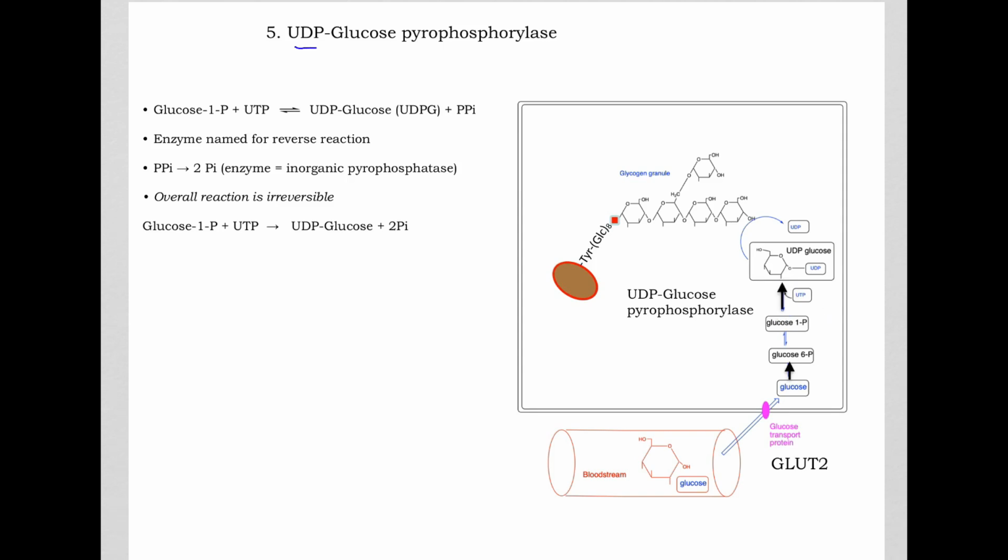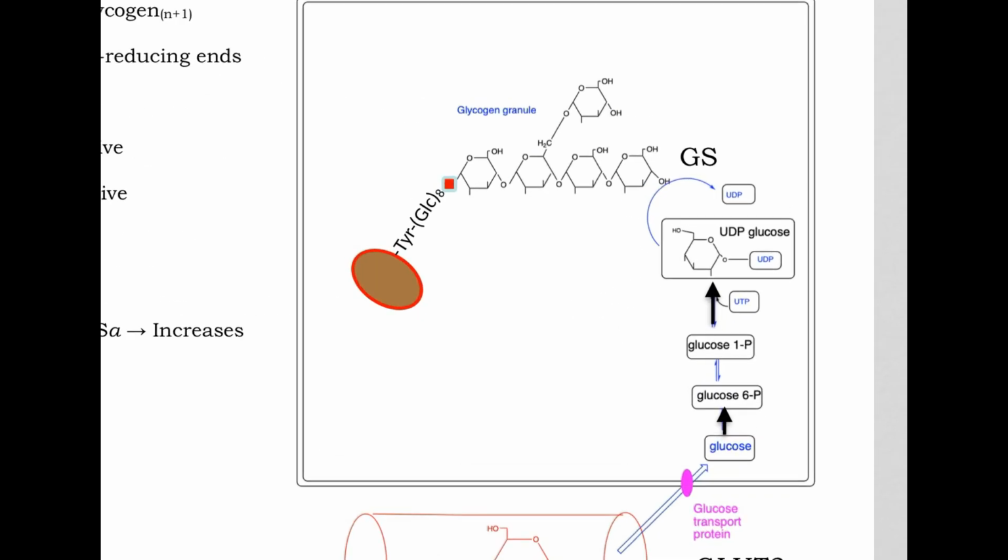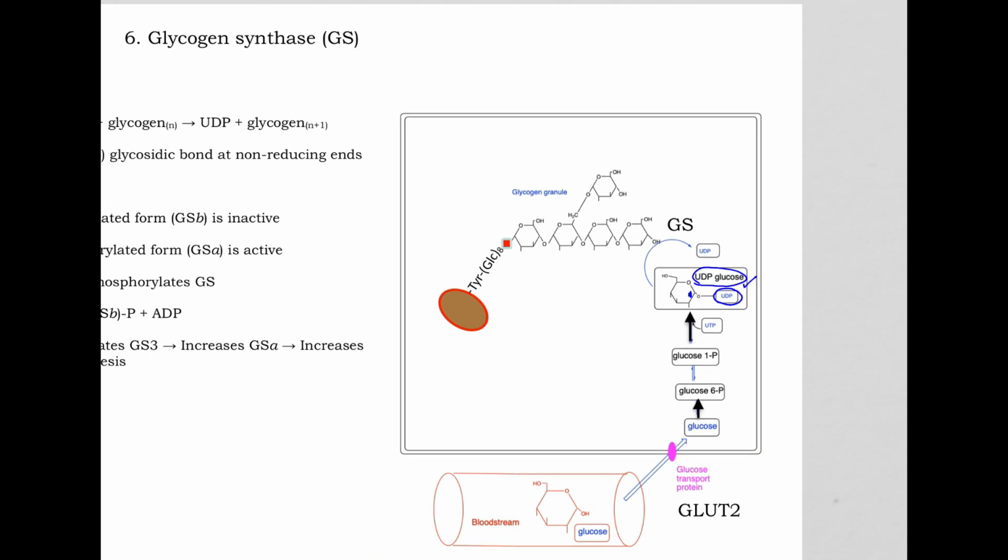Note that this enzyme, UDP glucose pyrophosphorylase, is named after the reverse reaction, where the UDP glucose reacts with PPi to give you UTP and glucose 1-phosphate. So the attachment of a UDP to carbon number 1 to give us UDP glucose makes the glucose very reactive.